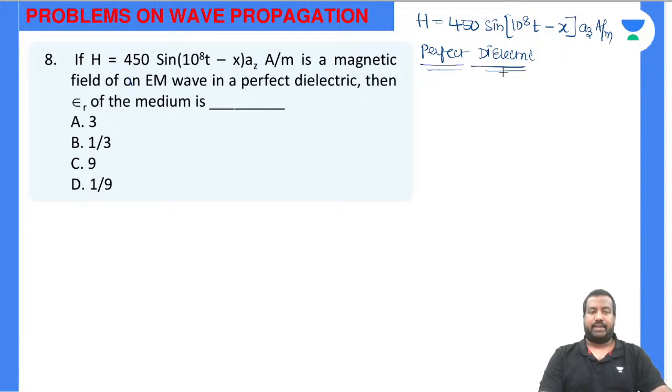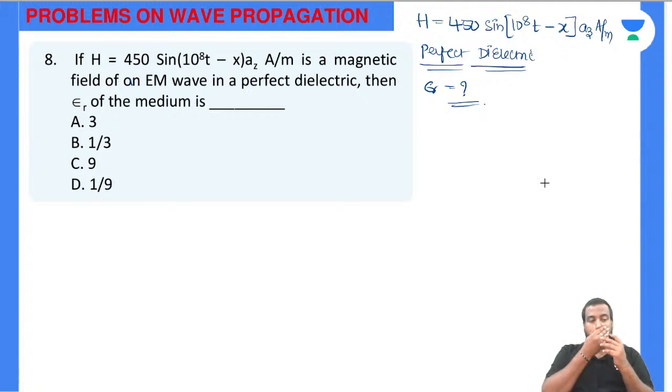In a perfect dielectric, the epsilon r of the medium is... find out, tell me the answer. C. Very good, Yadav.